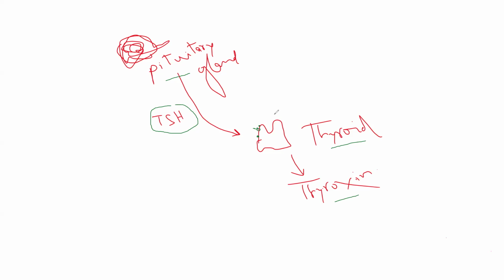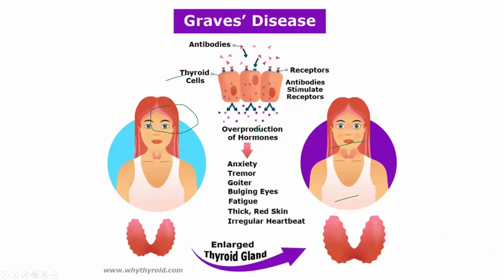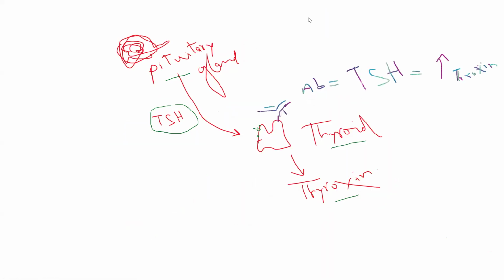So in case of Graves' disease, we see that antibodies are produced against these receptors for thyroid stimulating hormone.